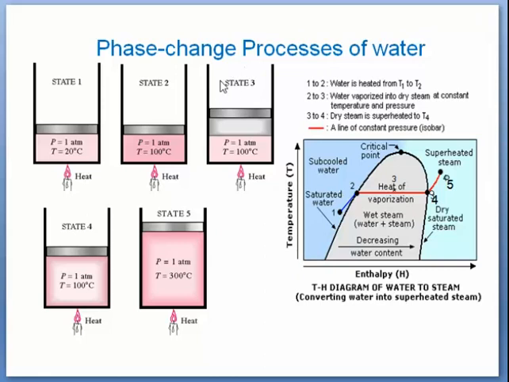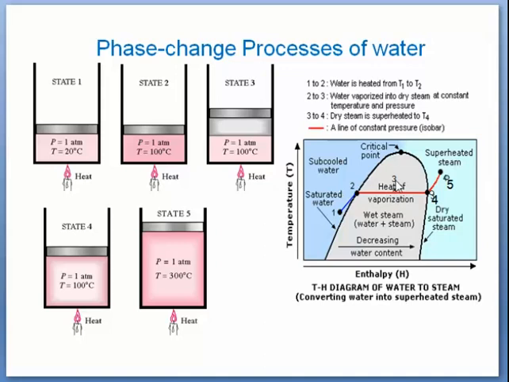Now you can see the state 3, which is represented here. After reaching the water sample at point 2, that is at saturated liquid condition, further if we are heating the sample, then in between this point 3 is there, so water now starts changing its phase from liquid to vapor.